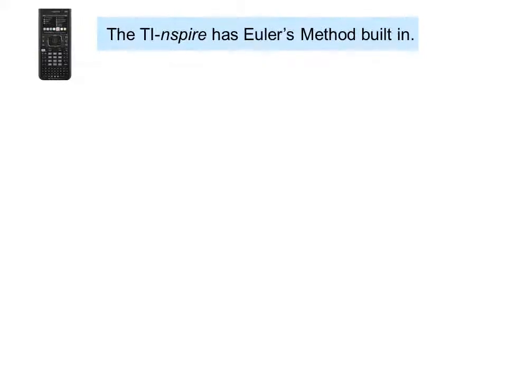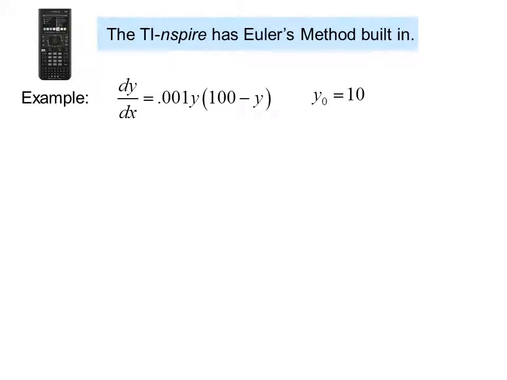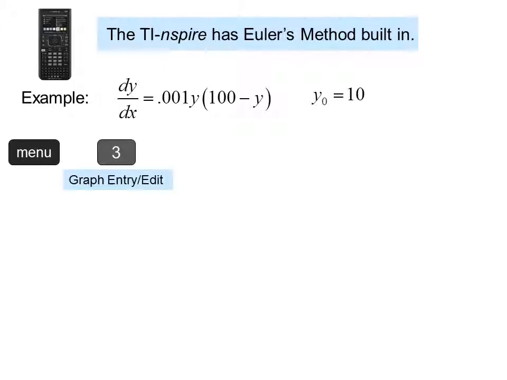The TI-Nspire has Euler's method built in. For example, dy/dx equals 0.001y times (100 minus y), where y0 equals 10. We press Menu, 3, Graph, Entry, Edit, 7, Differential Equations.